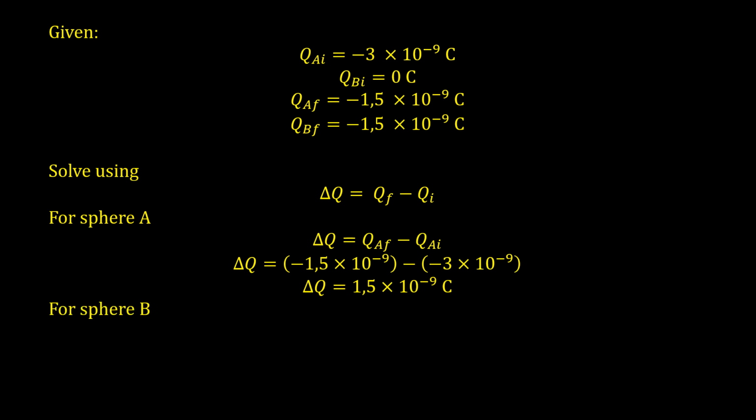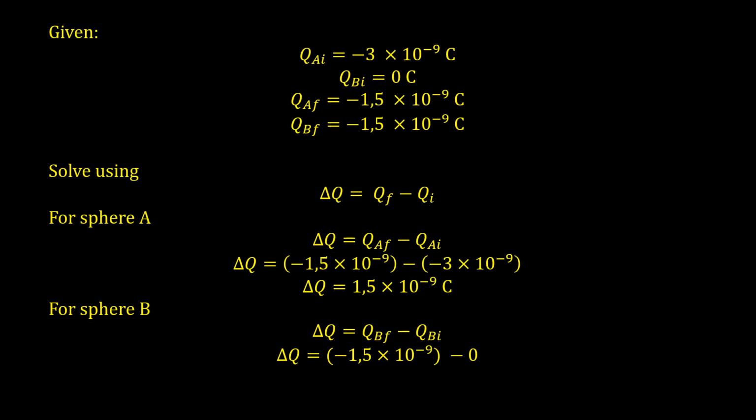But you can also do a similar process for sphere B. Let's see if we will get the same value. So we'll say that the change in Q for sphere B equals the final charge on sphere B, QBF, minus the initial charge on sphere B, QBI. And if you substitute the known values, the final charge on sphere B, we know it was minus 1.5 multiplied by 10 raised to the power of minus 9.